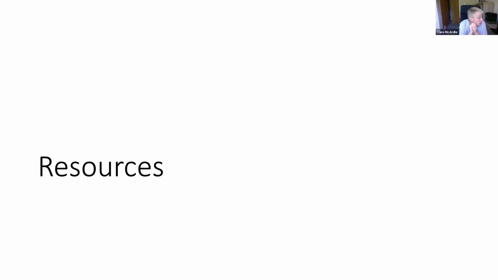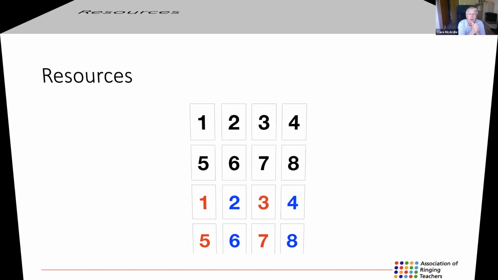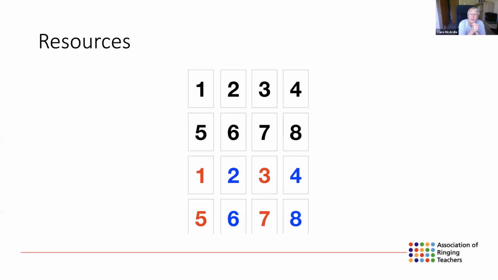So to practice chord changes when you're not in the tower, I've got a couple of ideas for some resources, and after the presentation we can talk about some more resources as well. So you can make yourself some number cards like these. So you just print them onto some paper, so you could use playing cards as well, and you set 1 set to your target change, and then you use the other set from rounds.